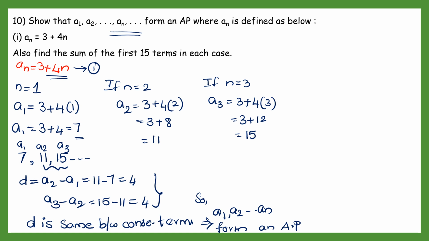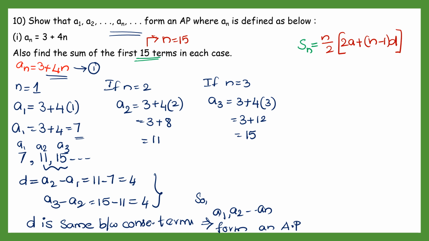Now second part of the question. They have asked to find the sum of the 15 terms. So what is the formula? Sn is equal to n by 2 into 2a plus n minus 1 into d. Here they have given sum of 15 terms. So n will be 15.